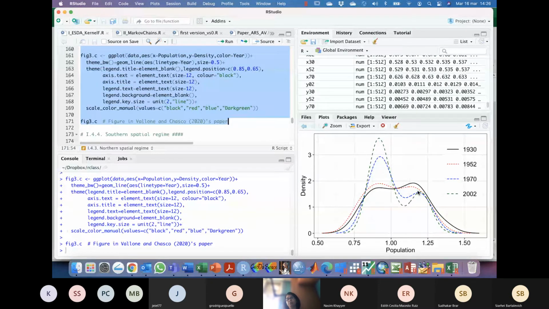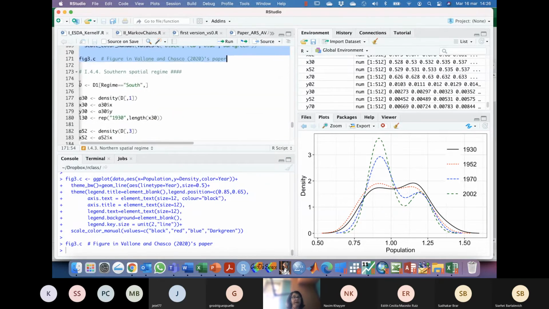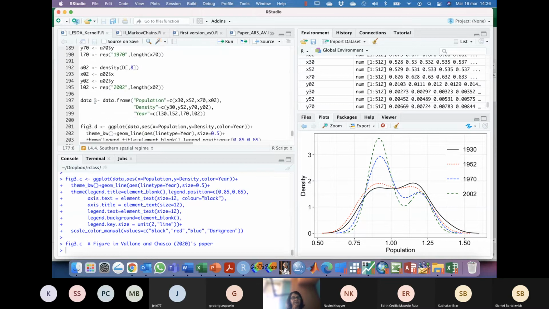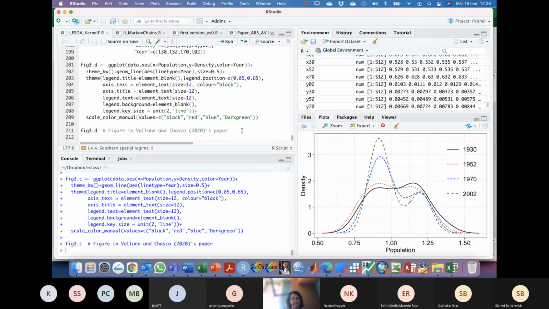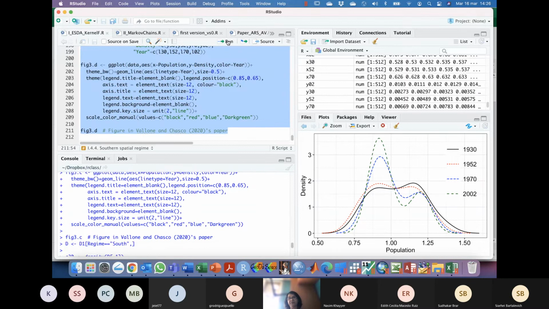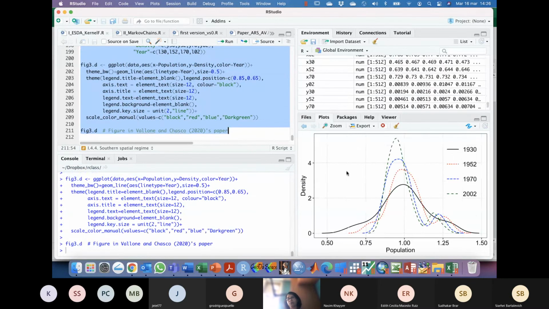We find here these two modes, if you remember, from this situation of very similar modes going to a certain convergence to an average, but keeping this small mode. And the southern spatial regime was also different from the central and even the northern. In the beginning, we didn't have these two modes, only one mode, but it evolves to two modes.